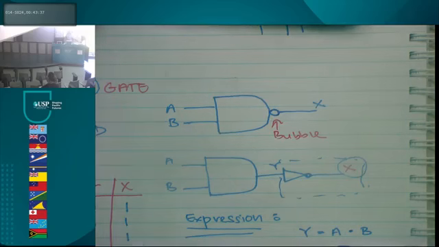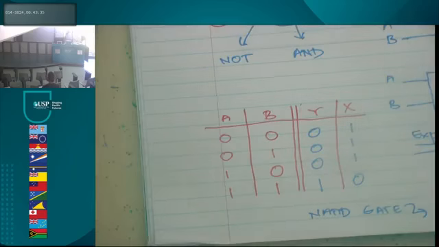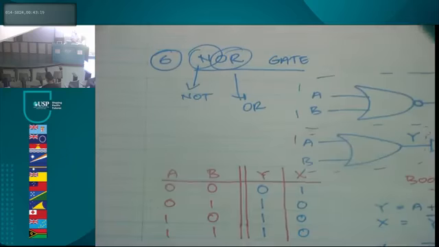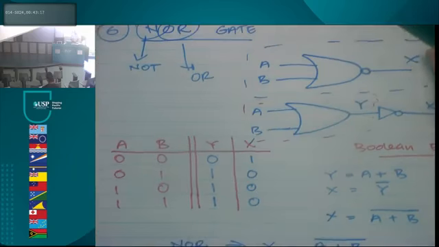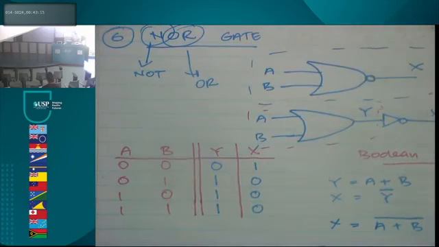If you look at the truth table, it's the exact opposite of an AND gate. NAND, which is short for not AND, is the exact opposite of AND. Then the same principles apply for OR and NOR. You have a NOR gate, which is same as saying not OR, right?